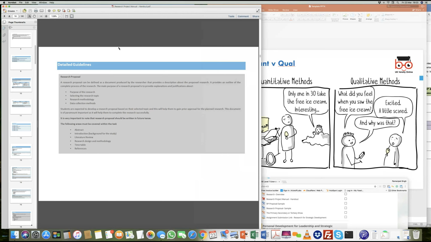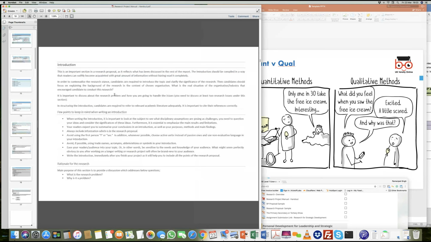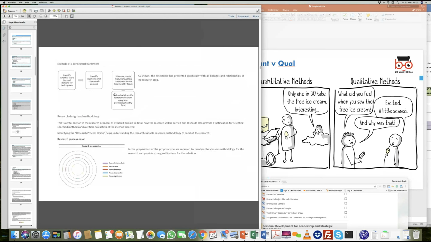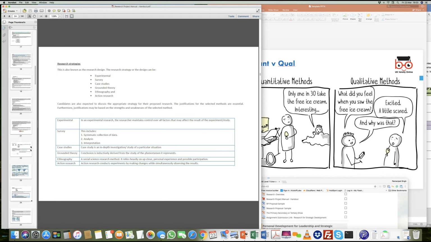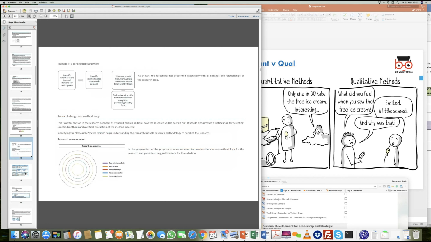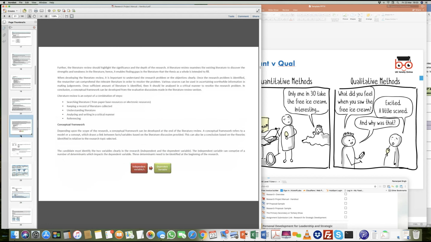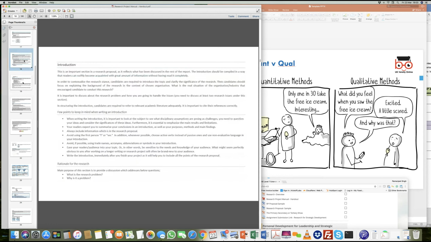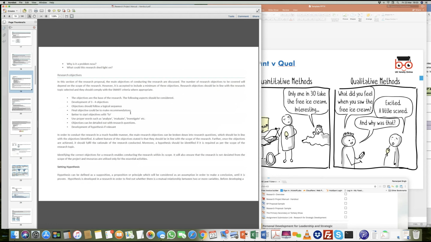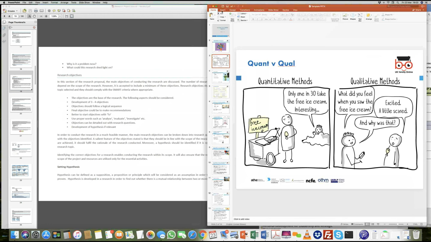My suggestion would be to look at the pages up to research objectives. So, page 19 is what I would suggest you need to study. Is that okay? Yeah, that's fine.